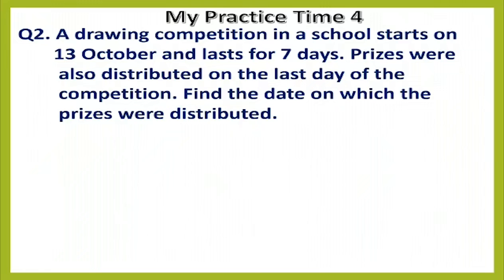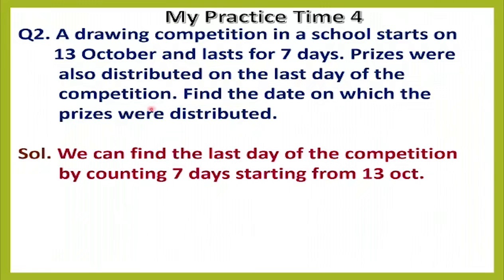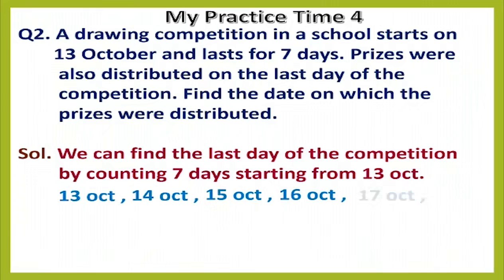We can find the last day of the competition by counting 7 days starting from 13 October. So 13 October, 14 October, 15 October, 16 October, 17 October, 18 October and 19 October.